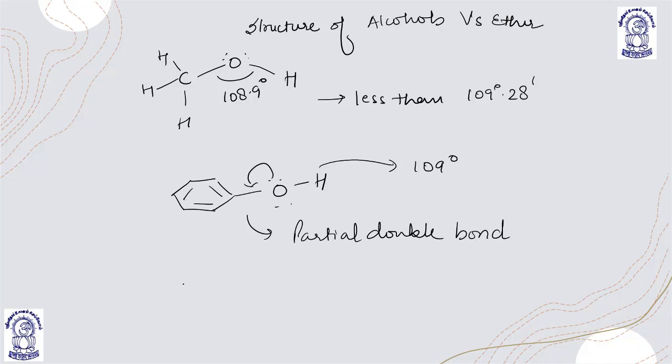But in case of ether, the plus I effect is more pronounced. That is why the lone pairs on the oxygen atom are not available for repulsion, and that is why their bond angle is high. Okay.